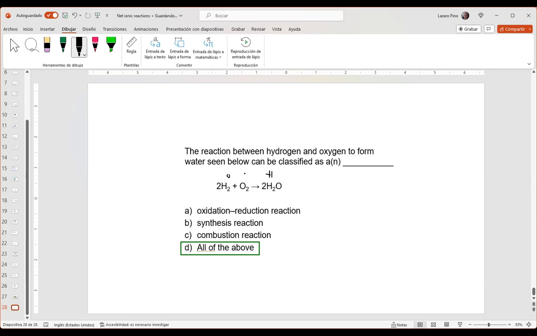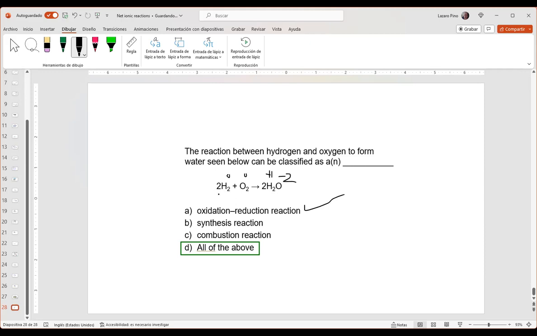And oxygen, from 0, since the oxidation number of an element is considered 0, gains the electron from hydrogen to make the oxygen -2. Then this can be considered an oxidation reduction reaction.